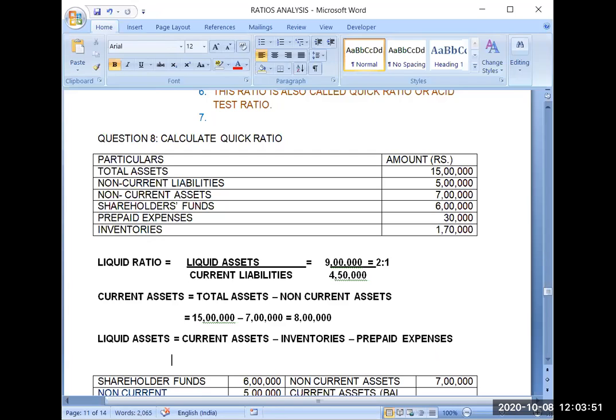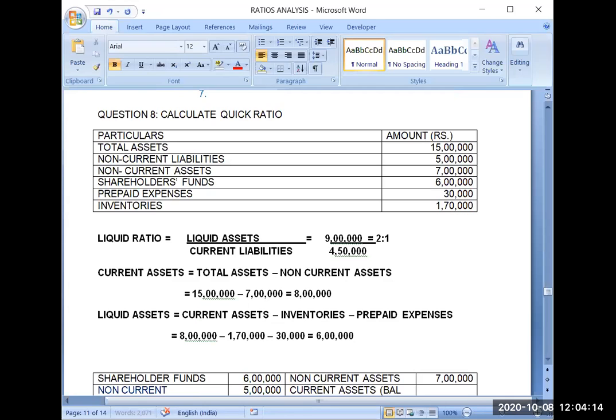So it is equal to 8 lakh minus inventories, given as 1,70,000, minus prepaid expenses, given as 30,000. So 2 lakh I will subtract and I will get liquid assets as 6 lakh.